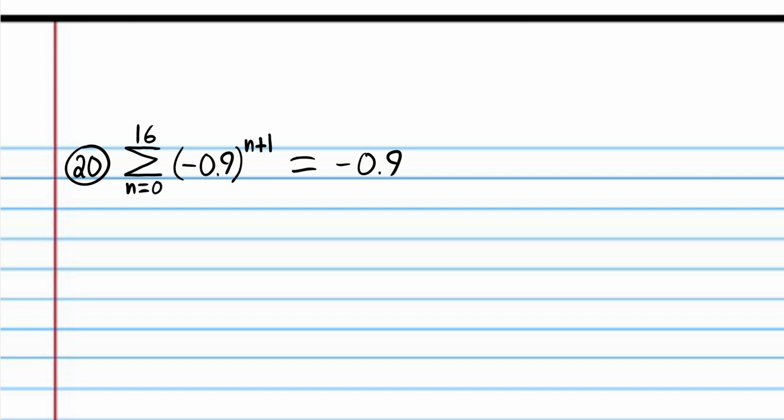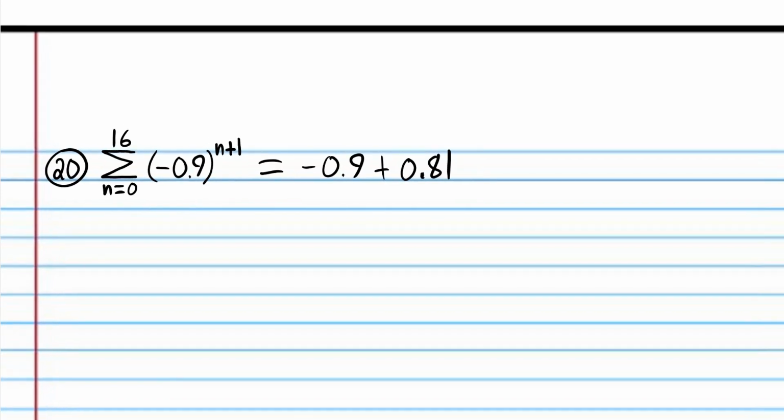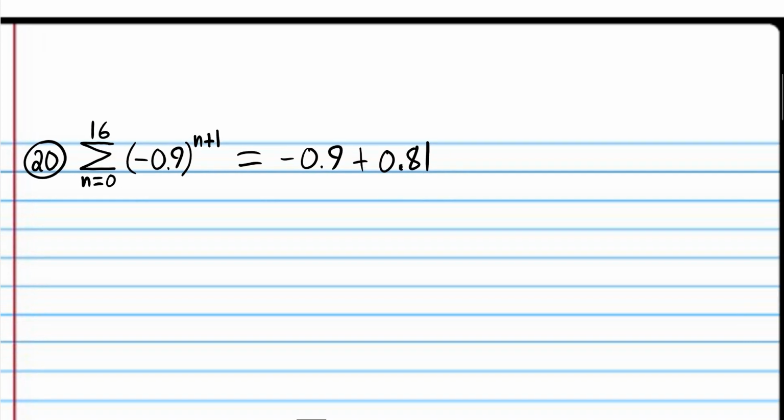When you plug in 1 for n, you get positive 0.81. And when you plug in 2 for n, you get negative 0.729, and so on.